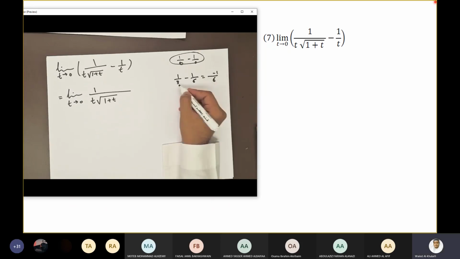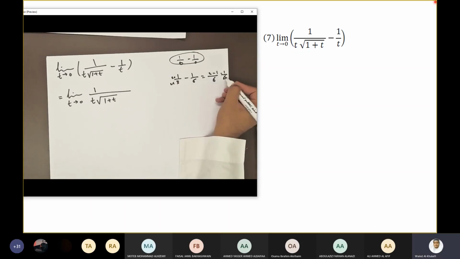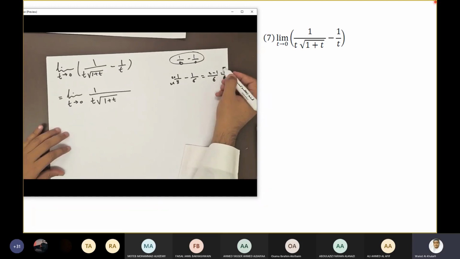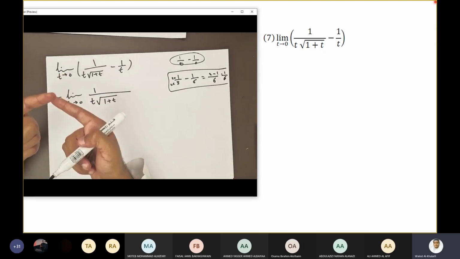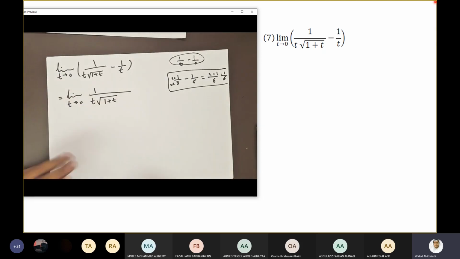So it will be minus 1, and here we only need to multiply by 2, up and down. So it means 2 minus 1, so 1 over 6. This comes from the basics of fractions. The common denominator is the least common multiple. If you want to multiply them together, that's up to you. You can do that, and it still works.